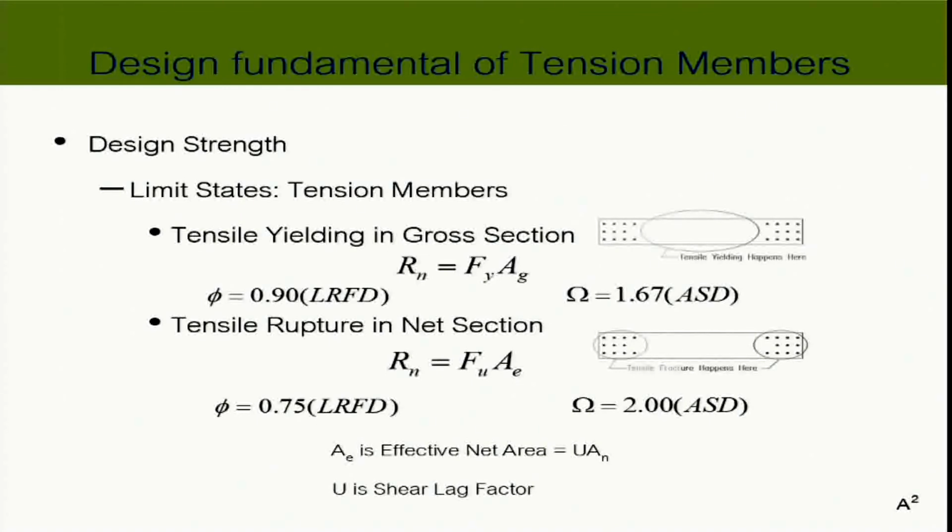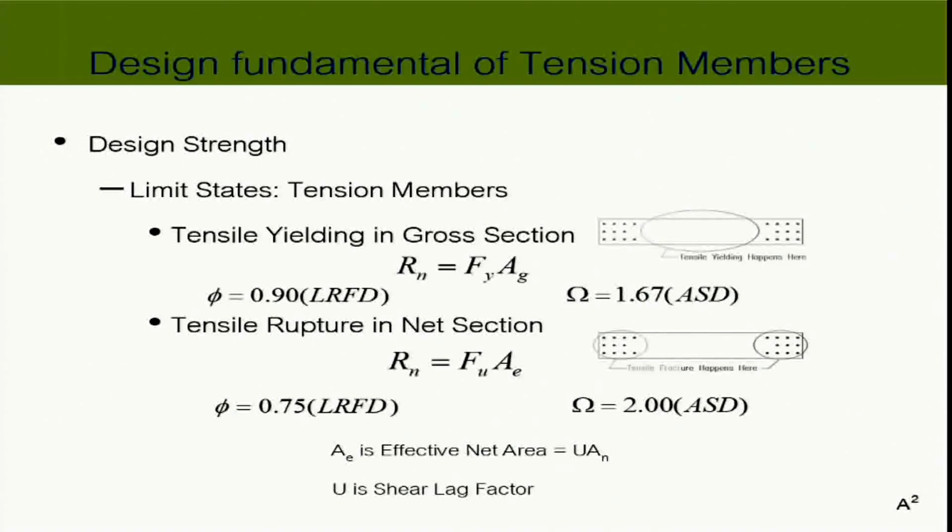If you don't have holes, it's not gonna rupture before it yields because the ultimate strength is greater than the yield strength, and you have the same area, so it's gonna yield before it ruptures, definitely, right? But now when you have the holes, there is a possibility that this failure may occur somewhere here. And we can approximate this failure because it is going to rupture, therefore it's the ultimate tensile strength.